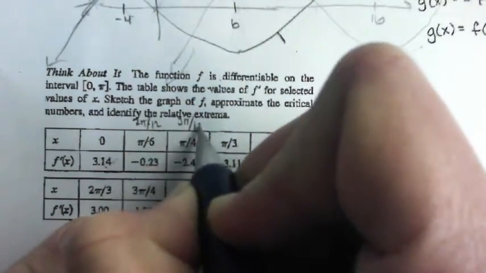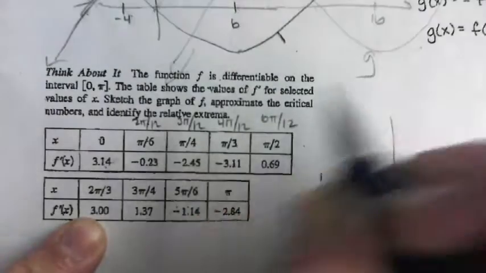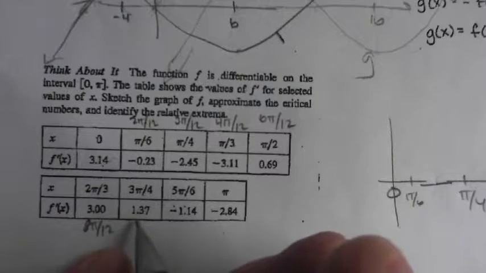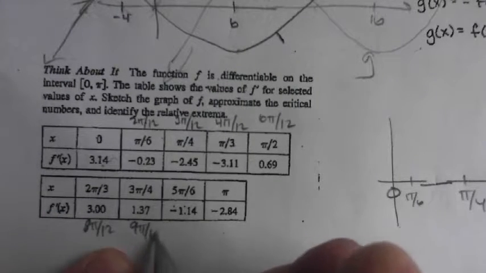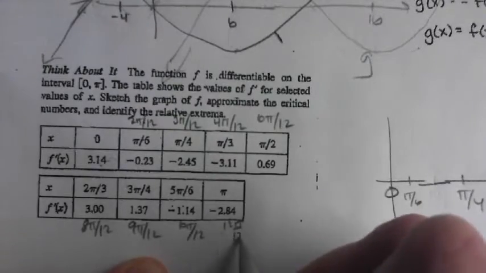If I really want to do this: 2 pi over 12, 3 pi over 12, 4 pi over 12, 6 pi over 12, 8 pi over 12, 9 pi over 12, 10 pi over 12, and 12 pi over 12.